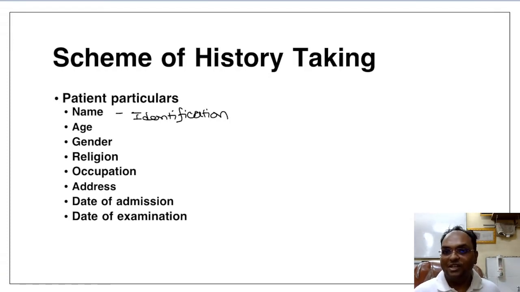They can develop specific disorders which can be eradicated with circumcision. Likewise, you have certain communities where consanguineous marriage is more prevalent, giving rise to different hemoglobinopathies. So all these are very important with respect to name and religion.